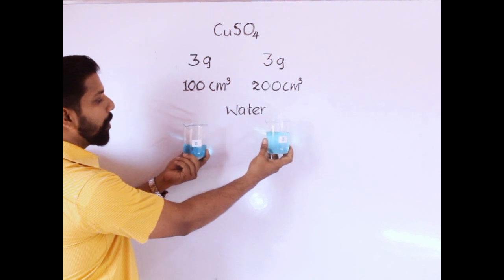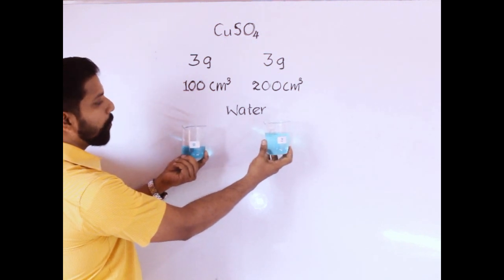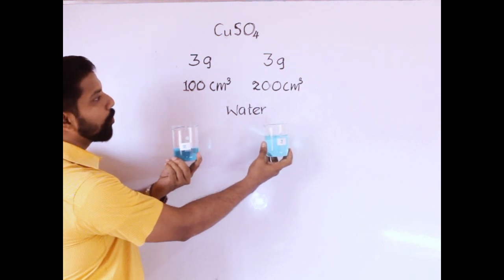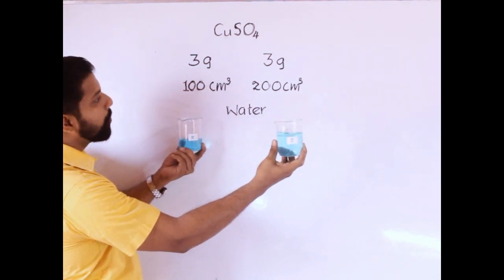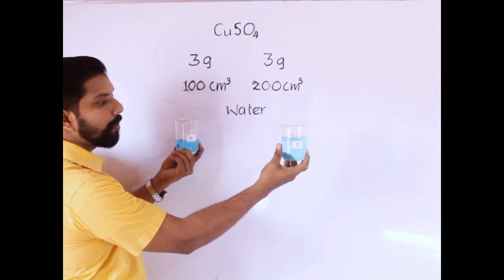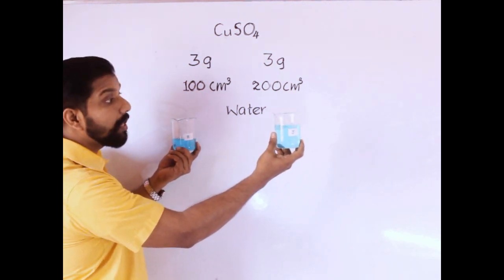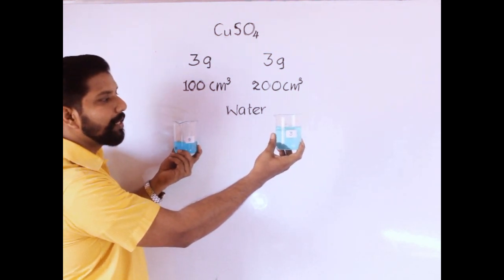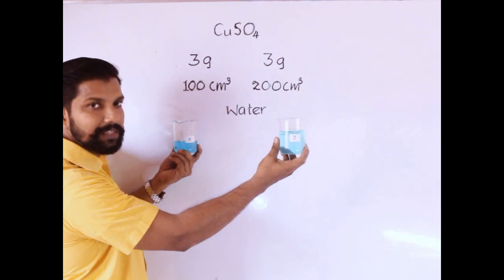What do you think? Which one has a greater concentration of copper sulfate? Obviously it is 2. What has happened to solution 3? Even though both of them have the same amount of copper sulfate dissolved, solution 3 has a greater volume, or more water is added, so now the concentration is less.